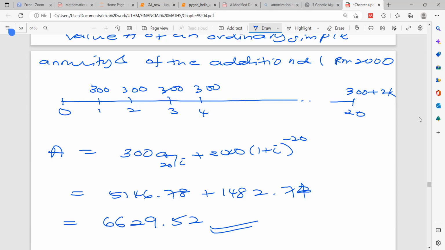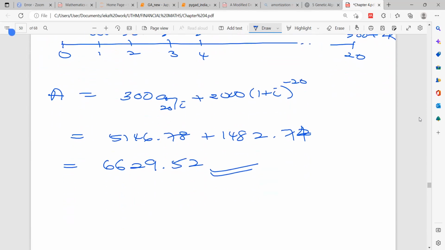Okay, kenapa to the power of negative 20 tu? Sebab 2000 tu dibayar dekat hujung tahun yang kelima. So, awak akan dapatlah nilai akhirnya 6,629.52 sen.